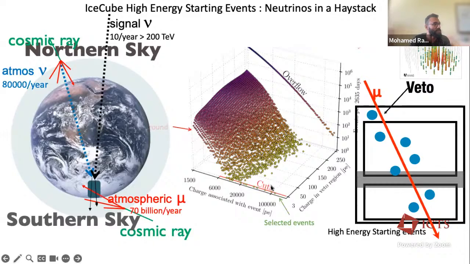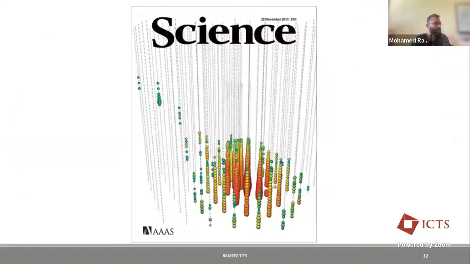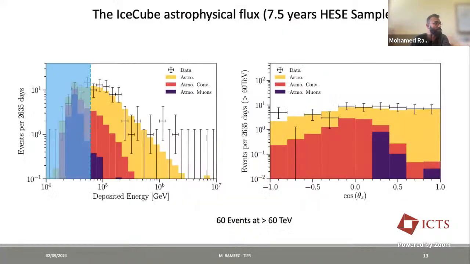So this set of events in this corner that you see here are the events of interest. And once you look at only those events, we saw a clear excess of events that we believe to be of astrophysical origin. So this was an analysis whose results were published and was on the cover of the Science journal in 2013.